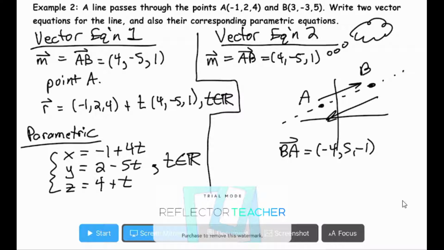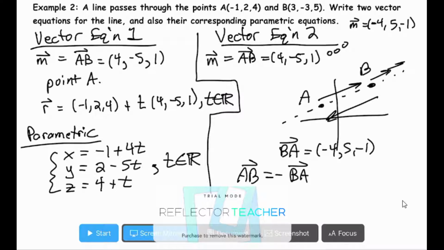They're equivalent. So I could have used that instead as my direction vector. So let's write that down as another possibility that we could have done. So I could have had m equal to -4, 5, and -1. Because same thing, I'm still moving along the same line.